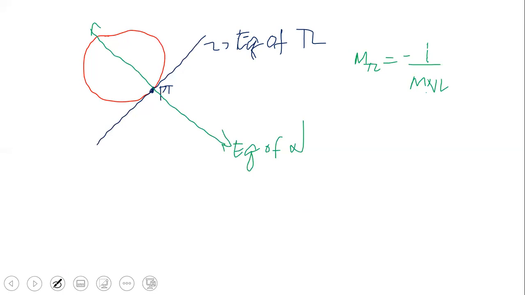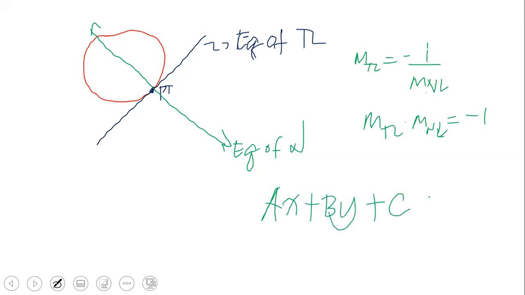So when you multiply the two slopes, it will result to -1. And when we express the equation of the line, we have to express it in the form ax plus by plus c equal to 0.